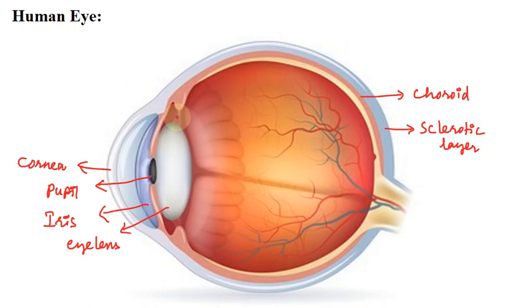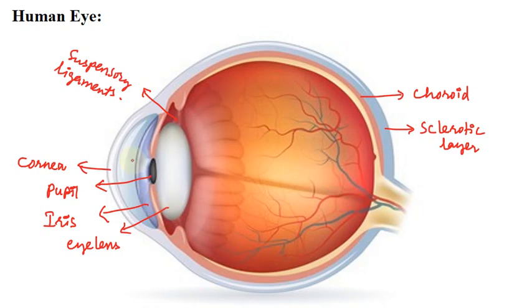So these are suspensory ligaments. The eye lens helps to divide the eye chamber into two parts.